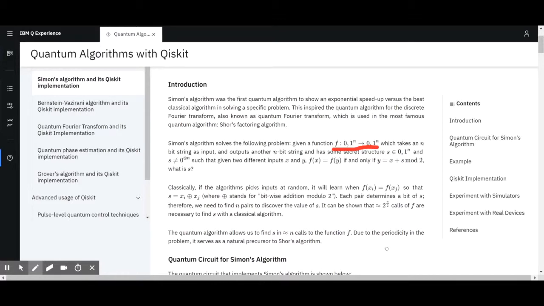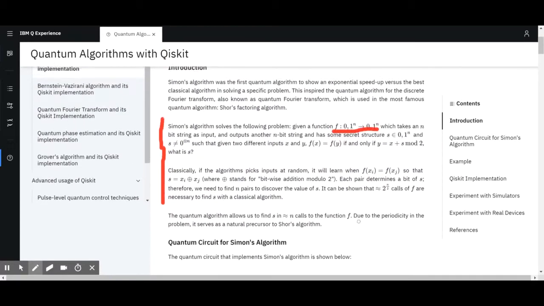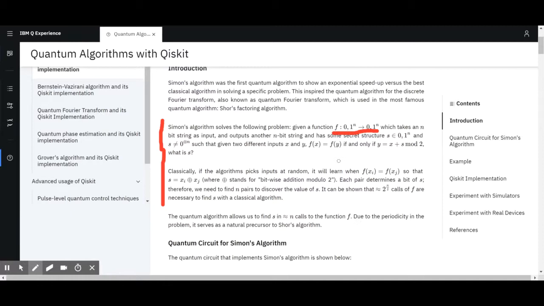So let's try to reread that, since it's described very formally, but maybe I can read through the lines in a different way. It's a function that takes a string of bits with length n and outputs another string of bits of size n.